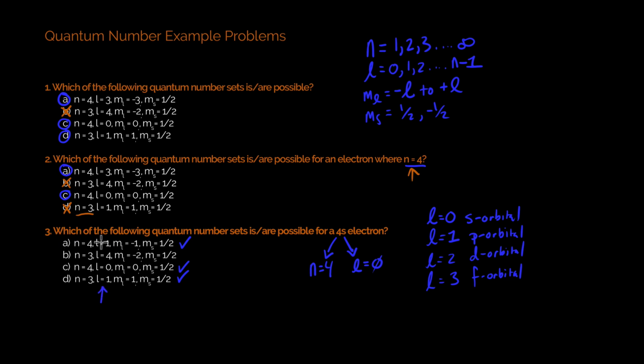That's going to be a 4p orbital, so that's not right. B was never right. And then C is n equal to 4, L equal to 0, so that absolutely works. And then for D, we actually have a 3p orbital, so that is not going to be correct.